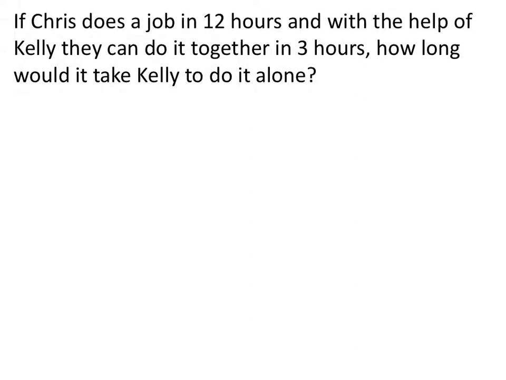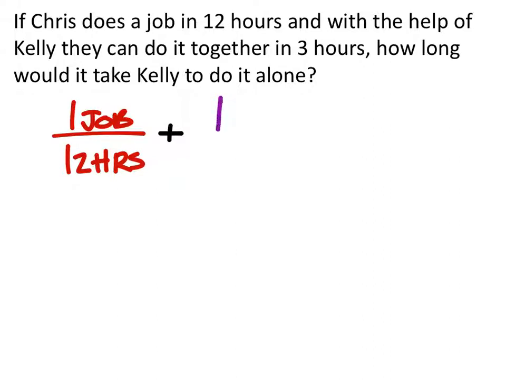So I'm going to start with Chris. Chris can do one job in 12 hours. Okay, so that's our rate, one job in 12 hours. And if I added that to Kelly's, who can do one job in, well, we don't know how many hours.